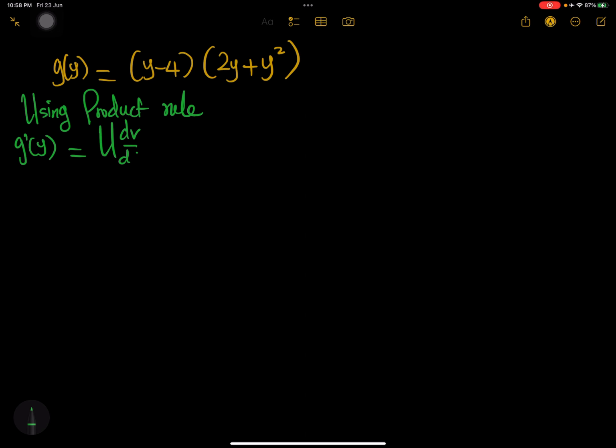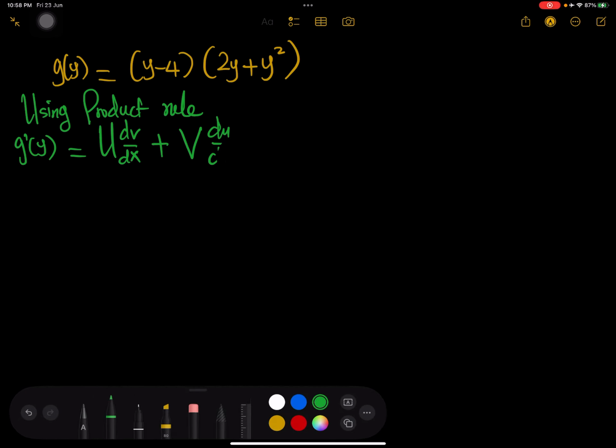Okay, it's going to give us our dv, which is going to be u dv dx plus v du dx. In this case we even have y, so du dy, and here it's going to be dv dy. So we need to change the data a little bit.